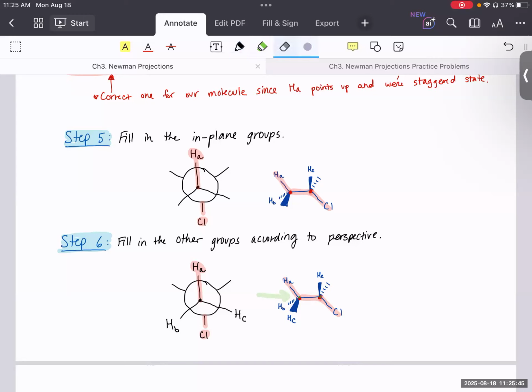Oh, sorry, that's a methyl group. That would be a methyl group. So we'll just put Me here to represent that. And then we also know that HC on the other carbon is also going to be on the right side. So all wedge groups should always be on the same side of the molecule, and all dash groups should always be on the same side of the molecule.